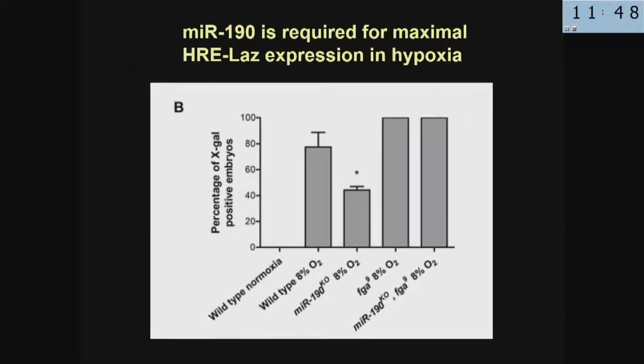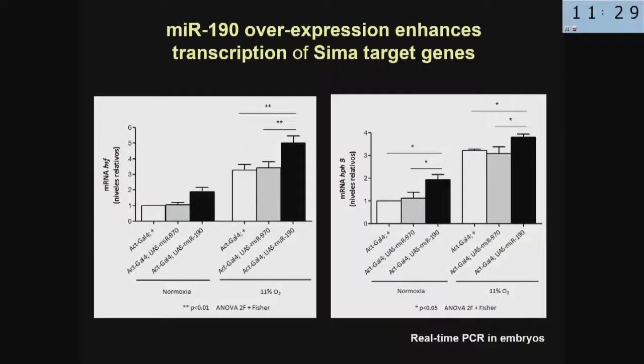We next did the opposite experiment, that was to test what happens in a miR-190 mutant. As you can see here, hypoxia-dependent induction of the reporter is reduced in the mutant. And this is not only true for the reporter, but also for HIF endogenous genes in Drosophila.